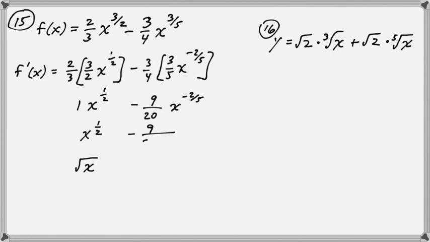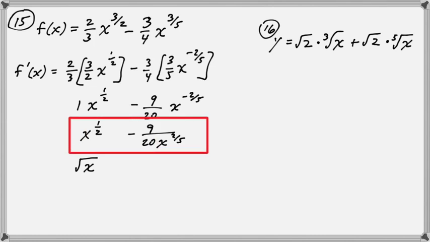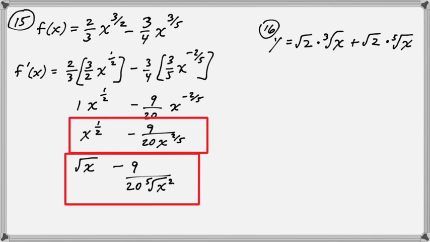So you could write it like this, which is probably the way they're going to have it. If you wanted to show off, you could call it, what would it be? It would be power over root, so it would be the 5th root of x to the 2nd. I think either of these would be the same thing.